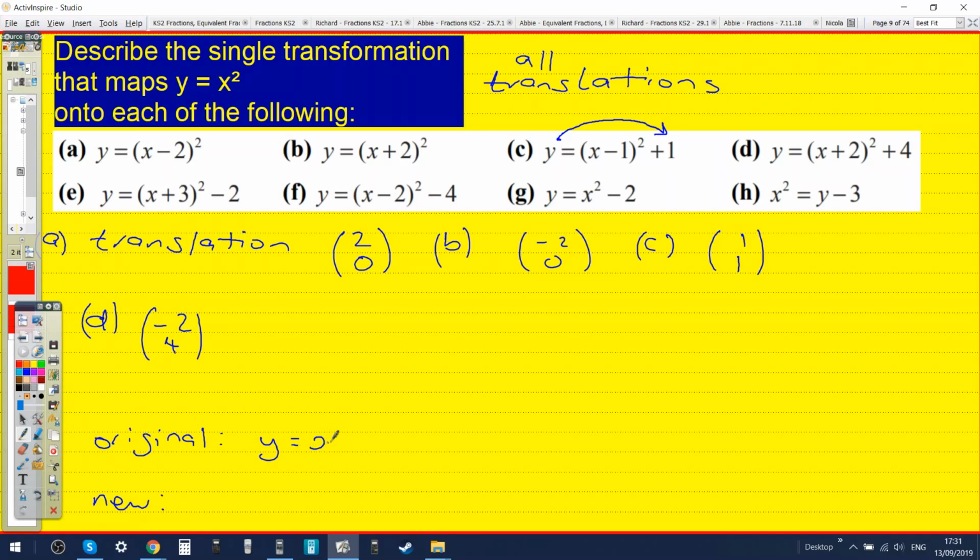So the original is like y equals x plus 2? Yeah, okay. And then the new one is y equals x plus 2 plus 4, is it? Yeah. Well, let's call this one f of x. And so if this one is y equals f of x, then what is y equals f of x plus 4? What translation is that?